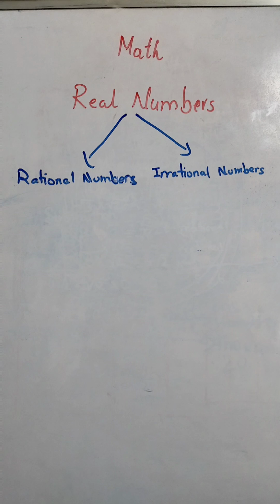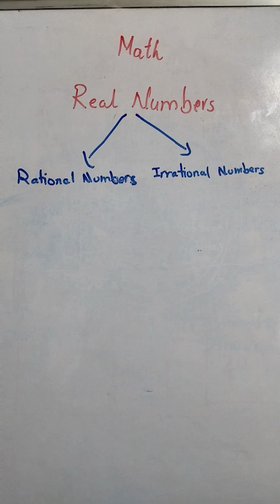Okay, so now let's continue with our homework session. I have given a simple homework today, which is to tell if a number is either rational or irrational. For the first example, let's take 1 by 3. For the second example, we can take 2 root 7.